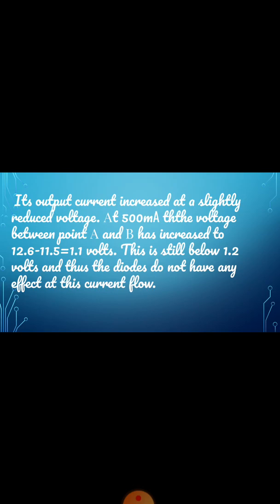As the output current increases, the voltage is slightly reduced. At 500 mA, the voltage between point A and B has increased to 12.6 minus 11.5, which is equal to 1.1 volt. This is still below 1.2 volt and thus the diodes do not have any effect at this current flow.